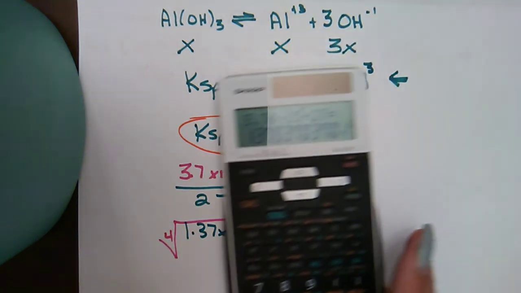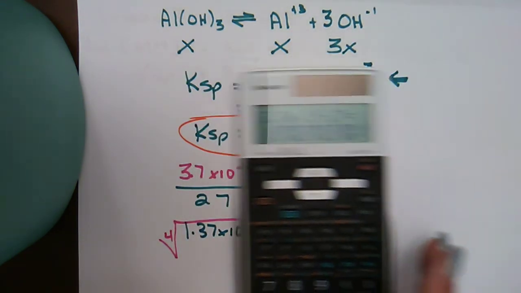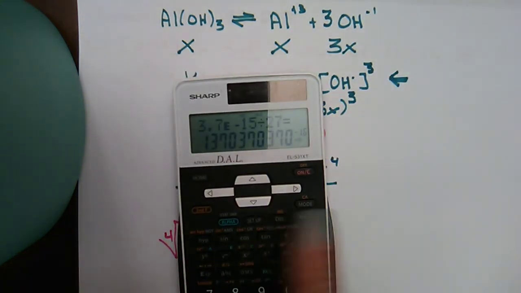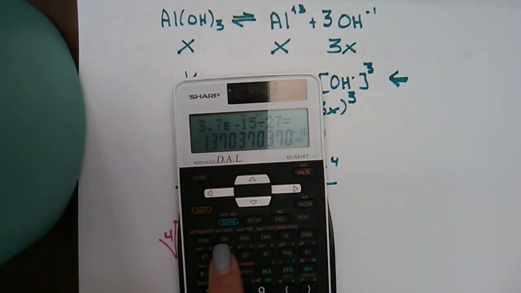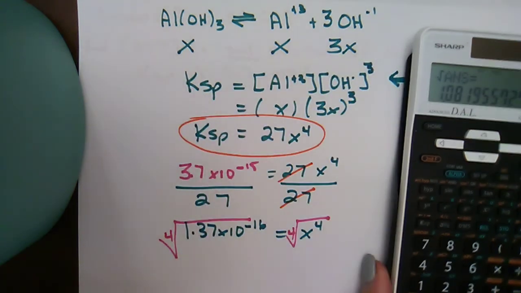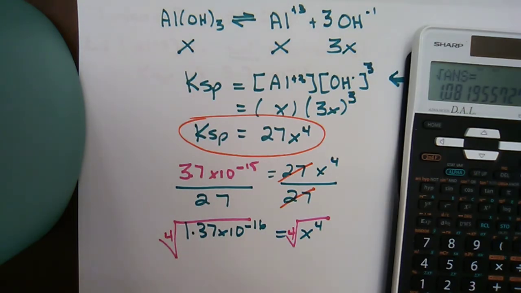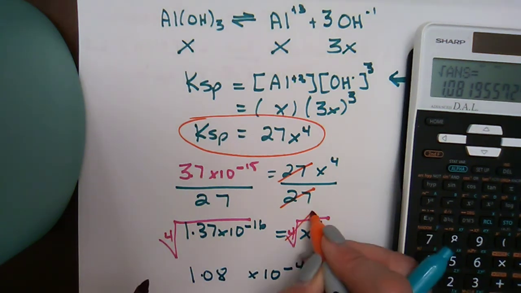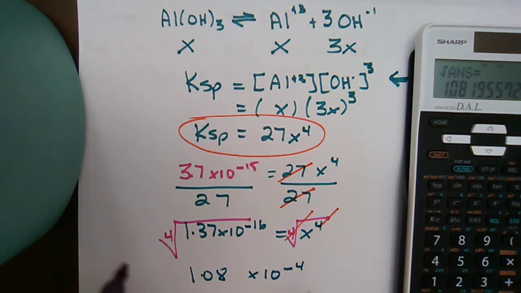So at this point, we have our number, 1.37 times 10 to the minus 16, in our calculator. I can take the square root of that value and then square root it one more time, and I end up with a value of 1.08 times 10 to the minus 4.